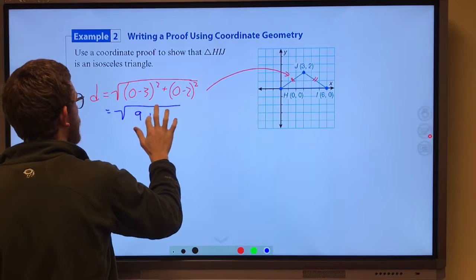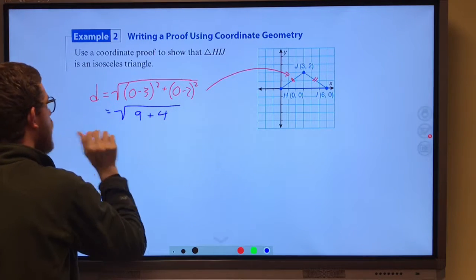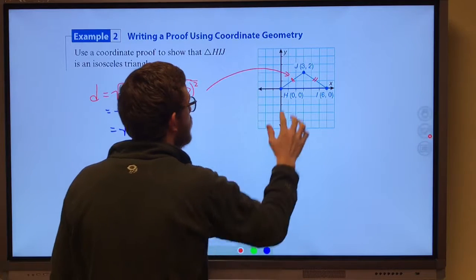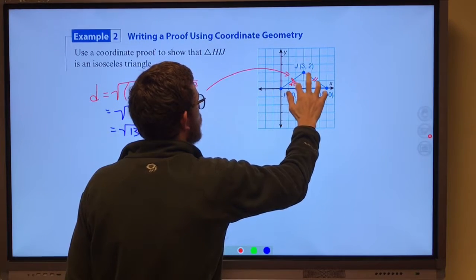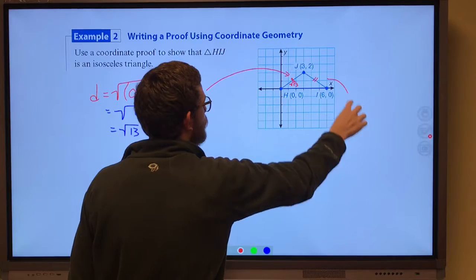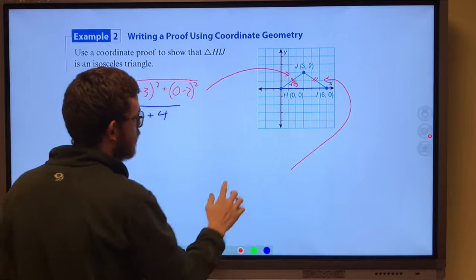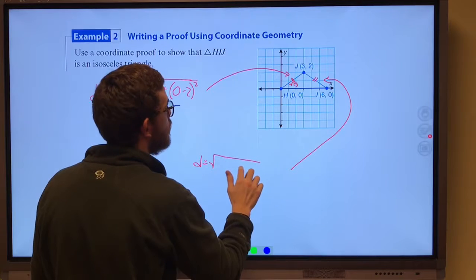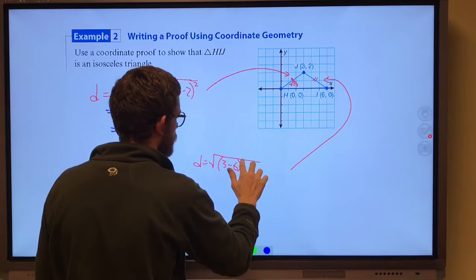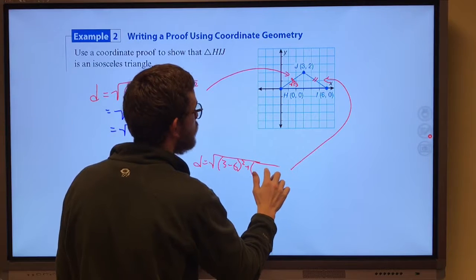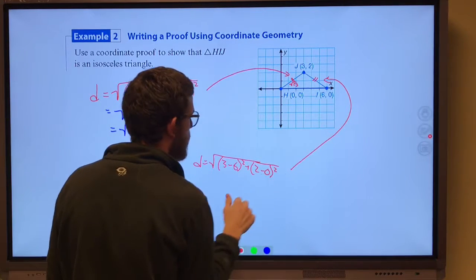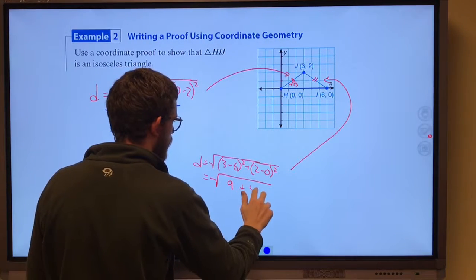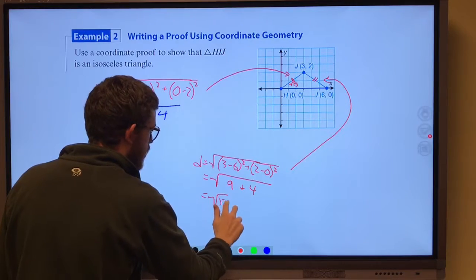This gives me 9 plus 4, and so that is the square root of 13. If I do the same thing over here, find the difference in my x's squared plus the difference in my y squared, notice once again I get the square root of 13.